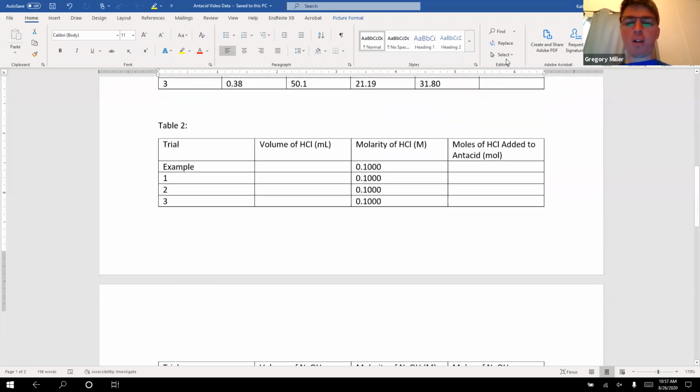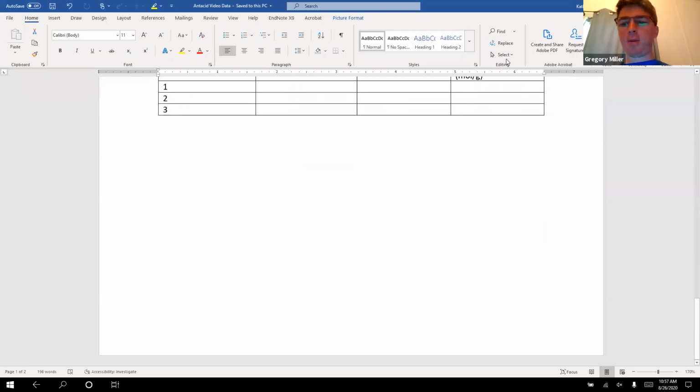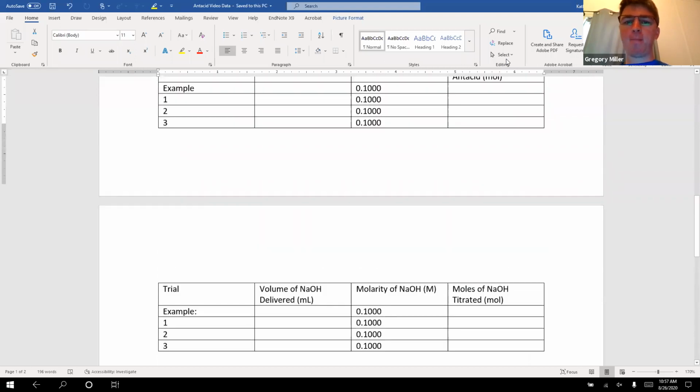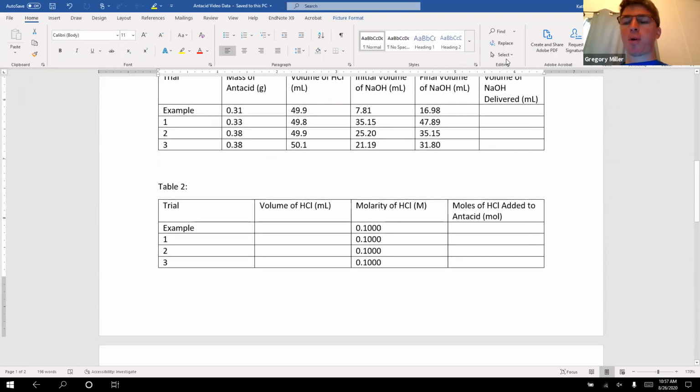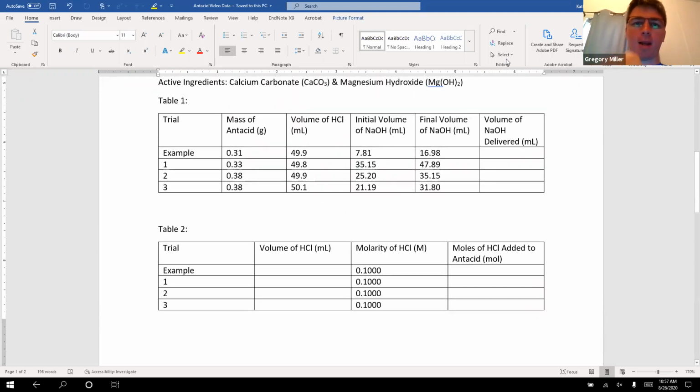So first and foremost, it looks like there's lots and lots of data tables and lots of stuff to find. Again, a lot of this is broken down just to do one piece at a time, so don't stress. We're going to walk through all of it step by step. So measured values, we have the mass of the antacid tablet, the volume of HCl we added, the initial and final volumes on the burette.